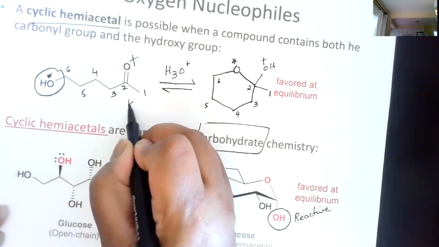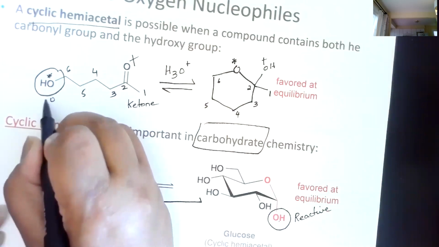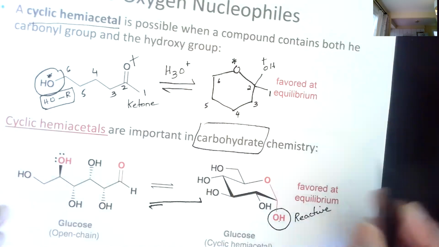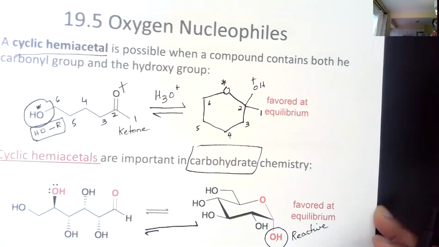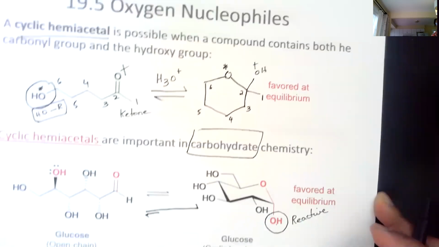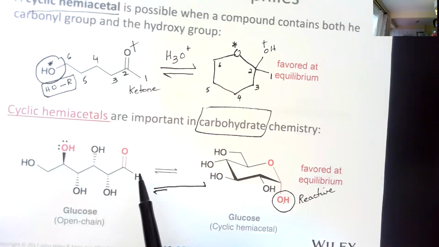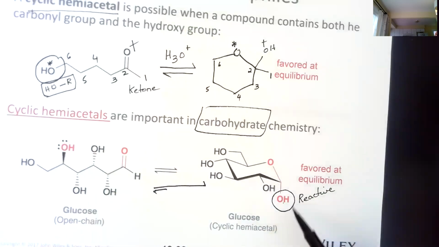Here's your ketone on this side, and this side is your ROH. An internal reaction. And then, yes, I remember we would make structures of these and then pull it in to see how these are formed.